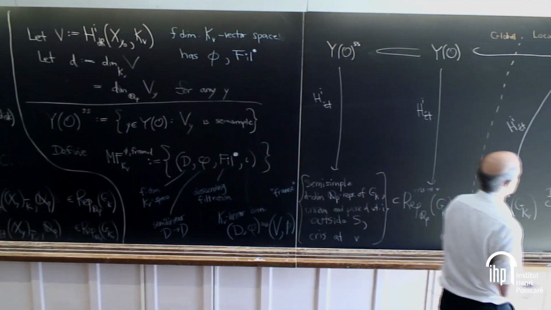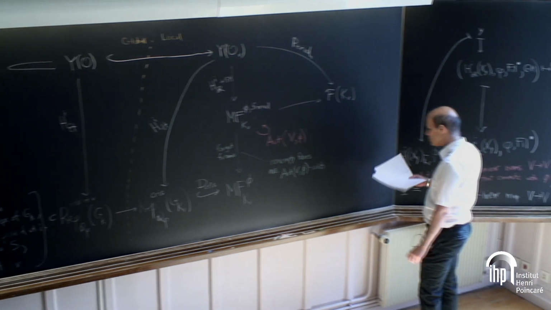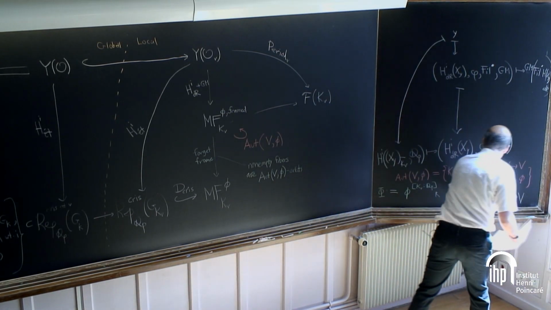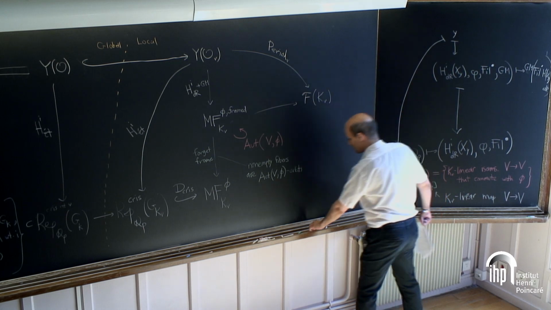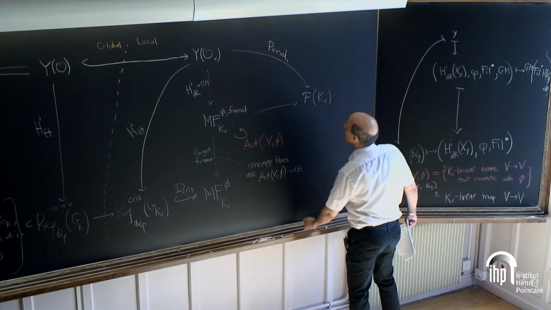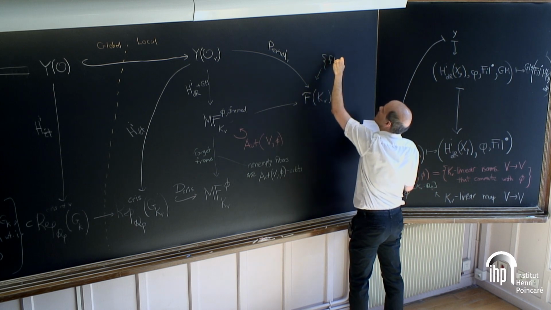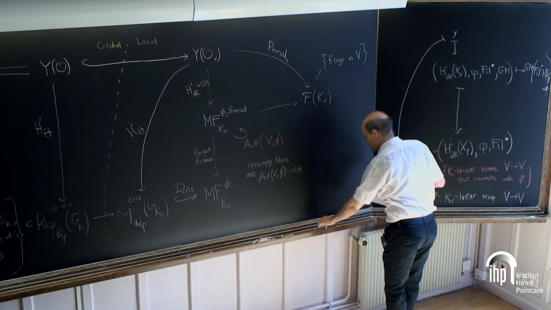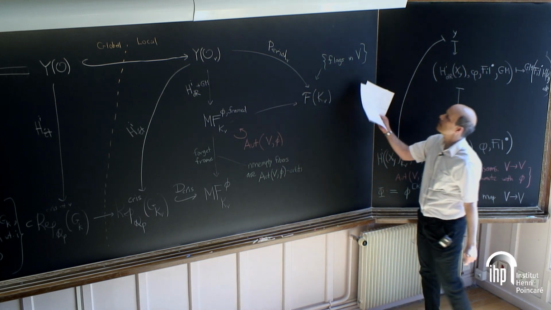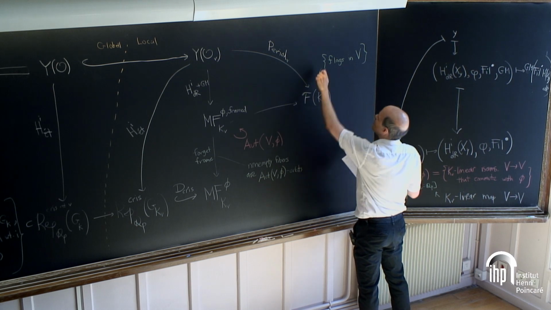Now there's also a group. Remember what this is, maybe I should remind you: this is the set of flags in V where the subspaces have appropriate dimensions. Maybe I'm putting too much in this diagram.